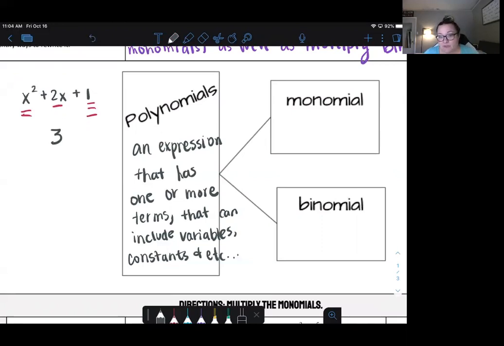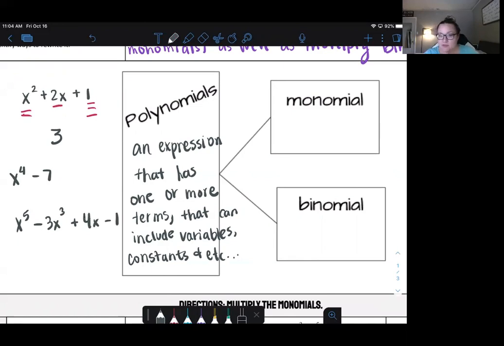That polynomial has one term. Maybe you have a polynomial that looks like x to the 4th minus 7. That's a binomial, a polynomial with two terms. Maybe you have a polynomial that says x to the 5th minus 3x cubed plus 4x minus 1.